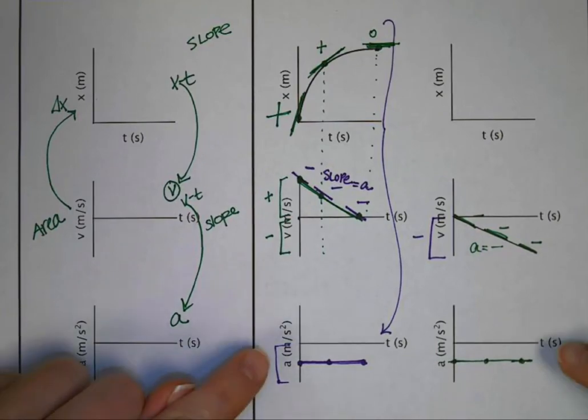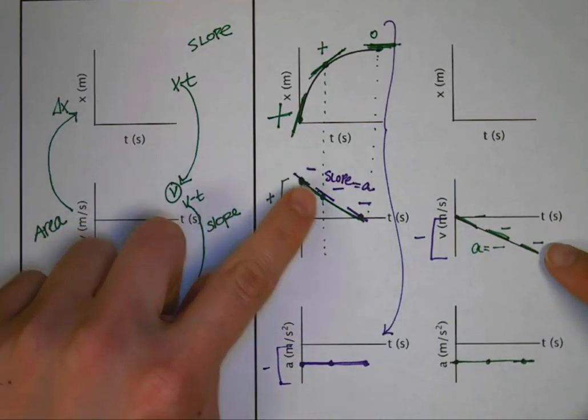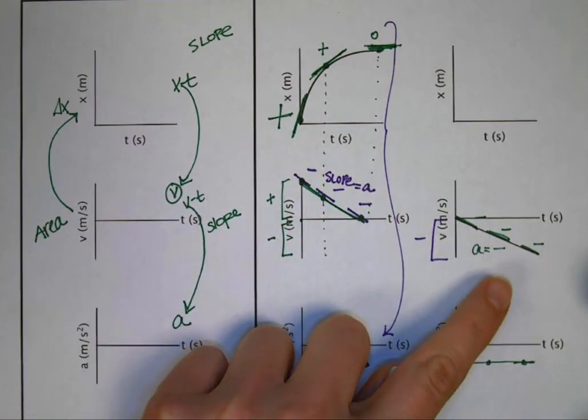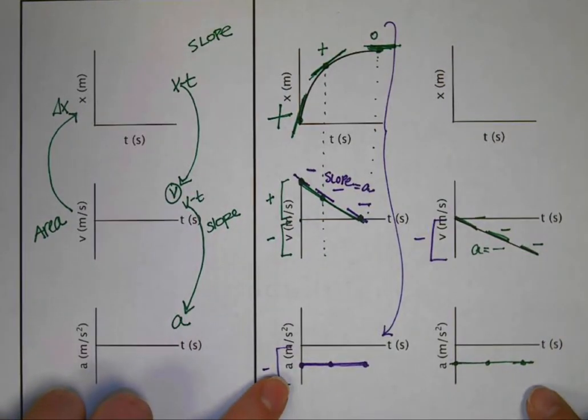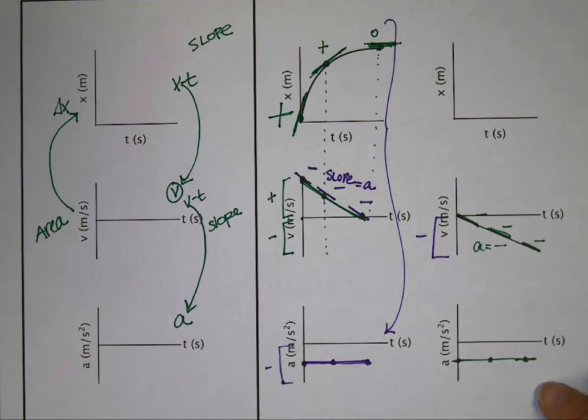Notice these two graphs, which are different situations. One is slowing down as it moves in the positive direction, and one is speeding up as it moves in the negative direction, have the exact same acceleration time graph.